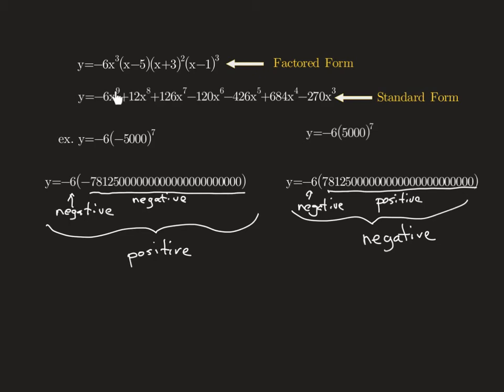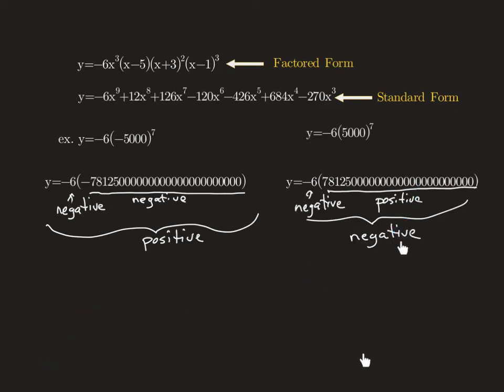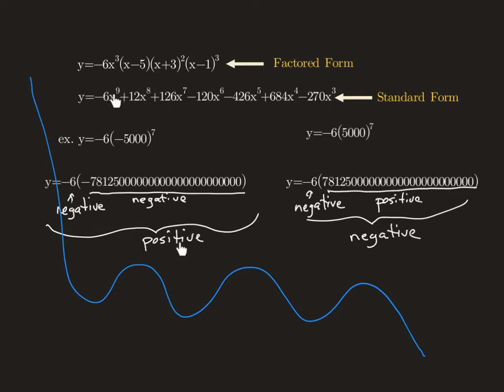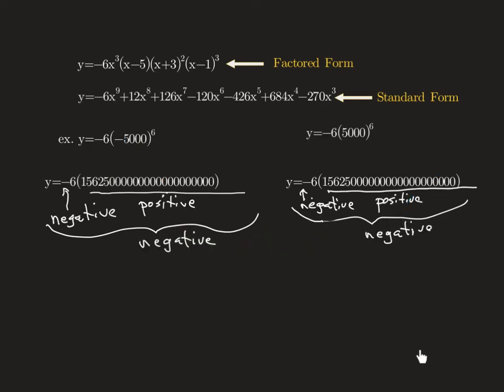If it's an odd degree, you know you're either going to be really high on the right-hand side, if there's a positive coefficient, and really low on the other side. But if you have a negative coefficient, you're going to be really low over here and really high over on the left, right? Whereas if you have an even degree, if you have a positive coefficient, you're going to be high on both sides, and if you have a negative coefficient, you're going to be really low on both sides.